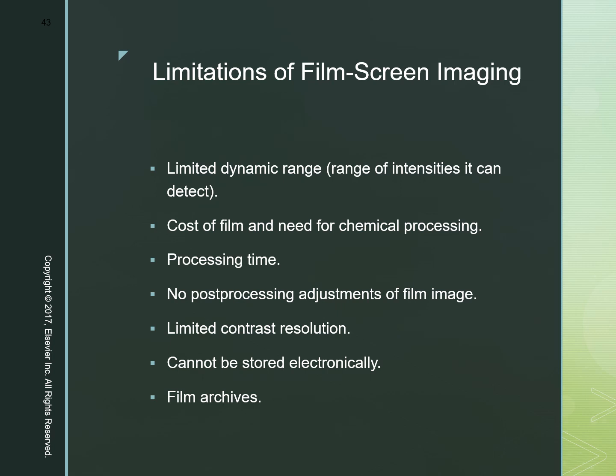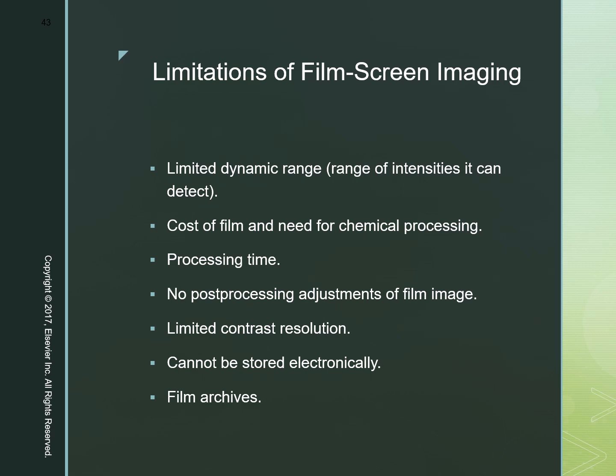With film screen, there's also high cost to film, the need for storage, the need for chemicals, the upkeep of your processing systems. All of those come at a high cost and take a lot of time. We also know that what you get when you take a film screen image, it is what it is. There's no post-processing. You can't correct for any subtle deviances from technique or anything like that.